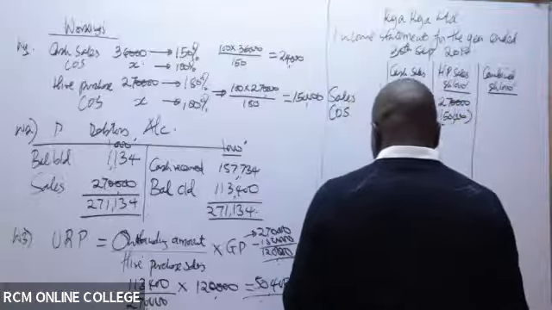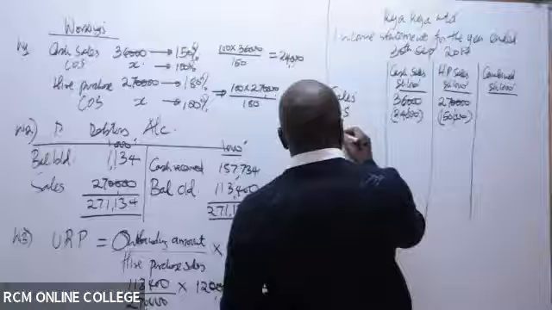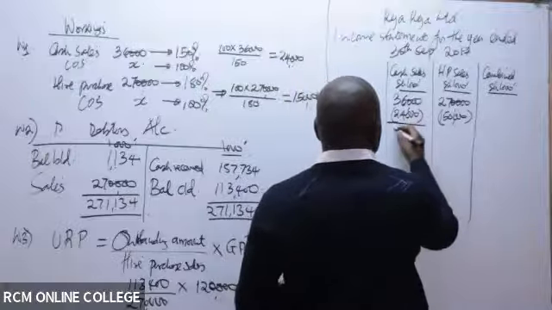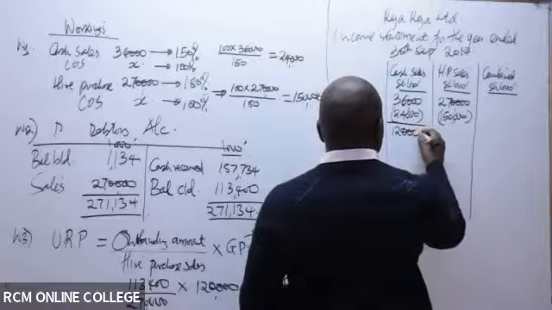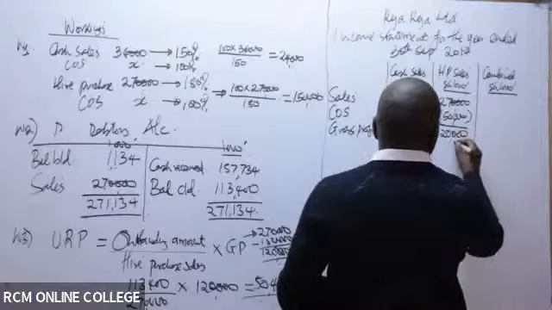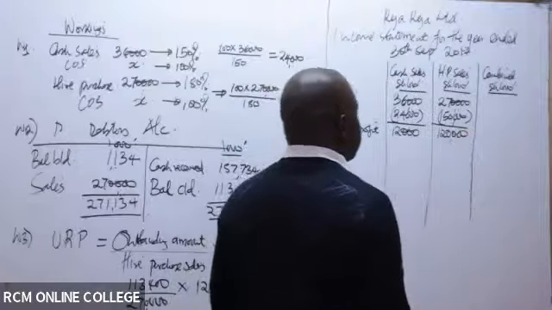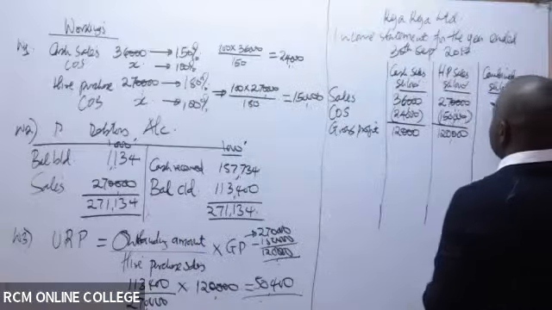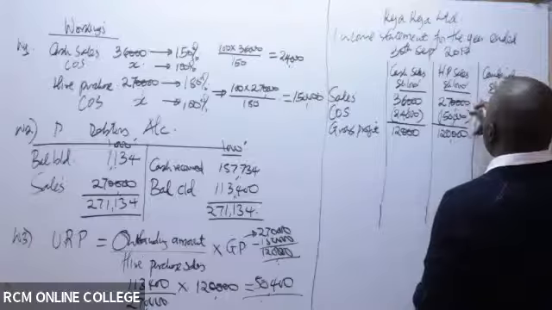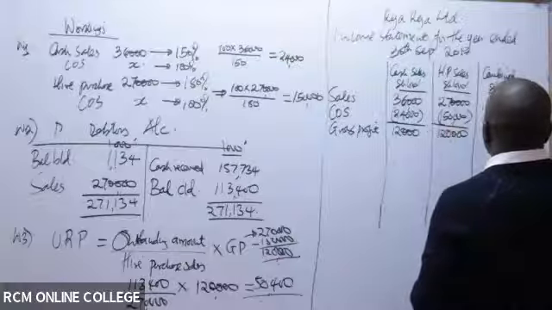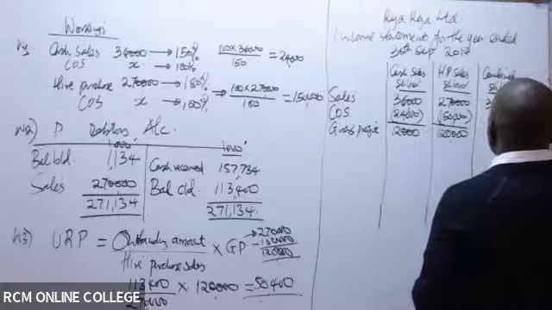With the difference, you'll be able to get the gross profit. This one is 12,000. This one is actually 120,000. You just add to get the combined. I think this one is 306,000, and this one is 174,000.